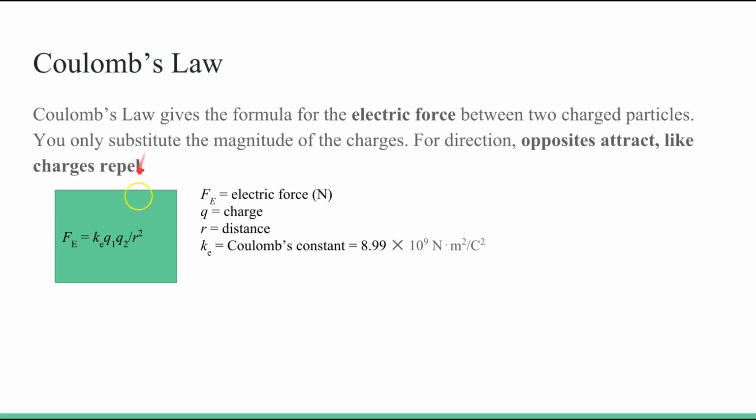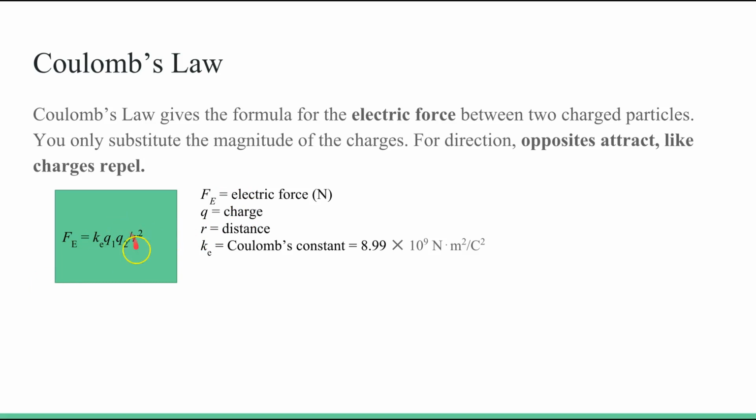Now, in this equation, you should only substitute the magnitude of the charges. Don't put the negative sign, because for direction, you just look at the signs of the charges. Opposites attract and like charges repel. So if you have a negative and a negative, then the forces will cause them to pull apart rather than push them together.